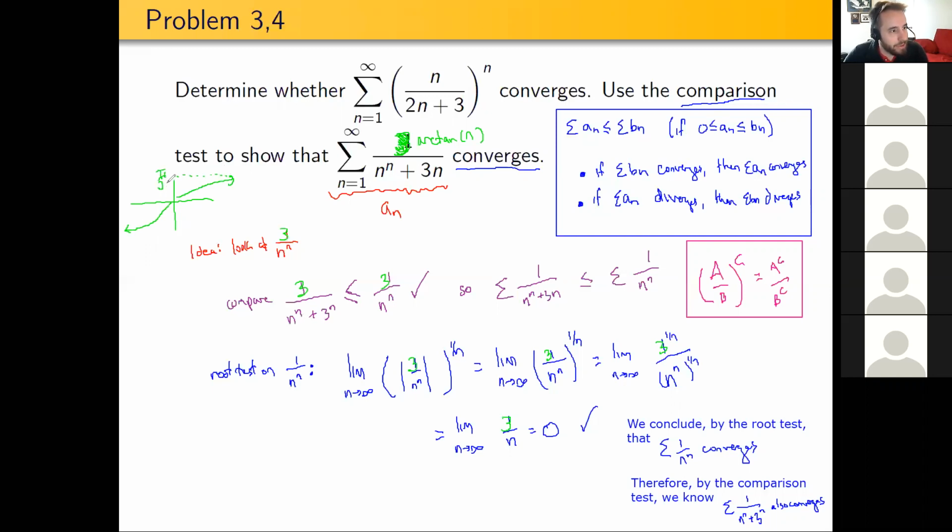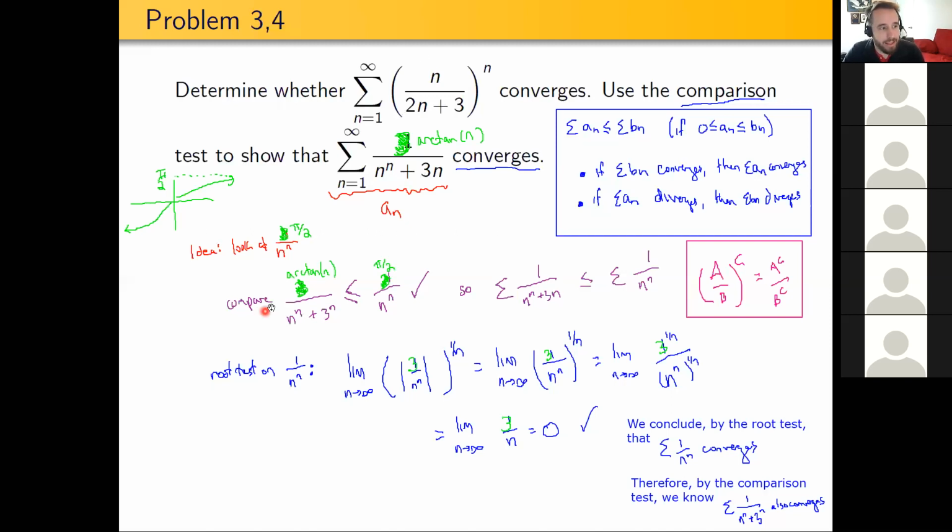That's as big as the inverse tangent function ever gets, and it never gets to that height. So I could compare arctan of n over n to the n plus 3n to pi over 2 over n to the n, and I would end up with the correct comparison, which is that a sub n, here arctan of n, would be less than or equal to pi over 2 divided by n to the n.